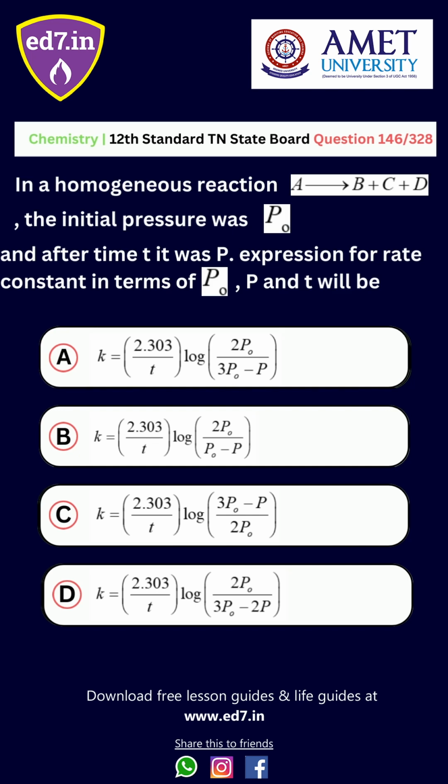Option C, k = 2.303/t log((3P0 - P)/2P0). Option D, k = 2.303/t log(2P0/(3P0 - 2P)). The correct option is option A, k = 2.303/t log(2P0/(3P0 - P)).